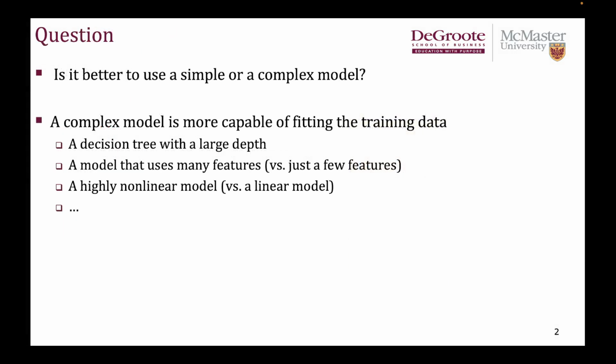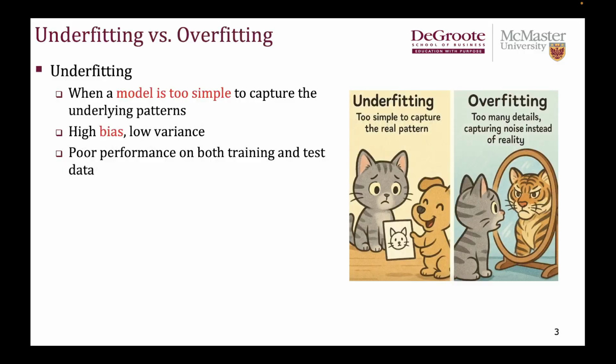And simple models, of course, sometimes are not sufficient, right? Because they're too simple. So if you are using simple models, there's some inherent bias, right? Because the model is simply too simple. It does not reflect the reality, okay?